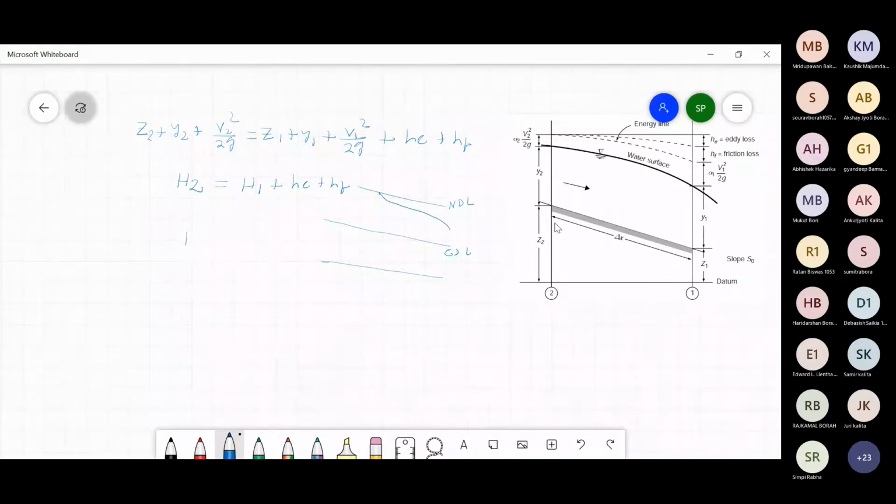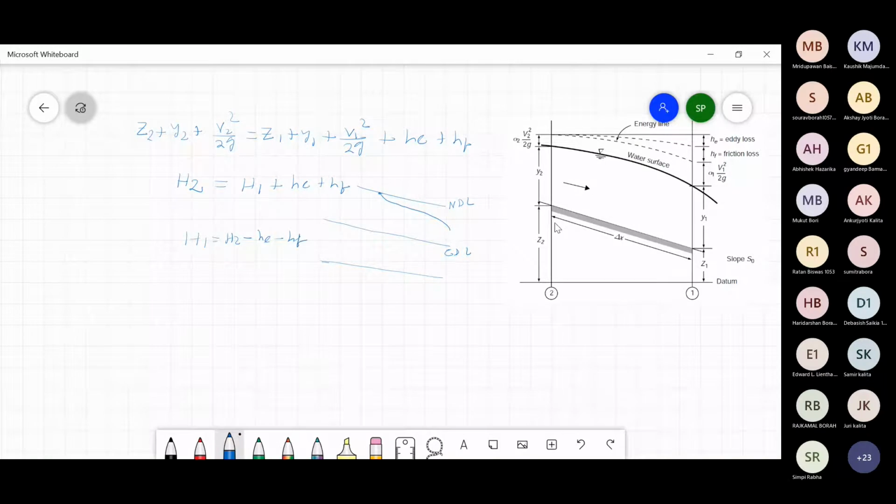We know this value because if we know the height of the NDL, then we compute up to this much in the downstream direction. Then H1 will be H2 minus HC minus HF.